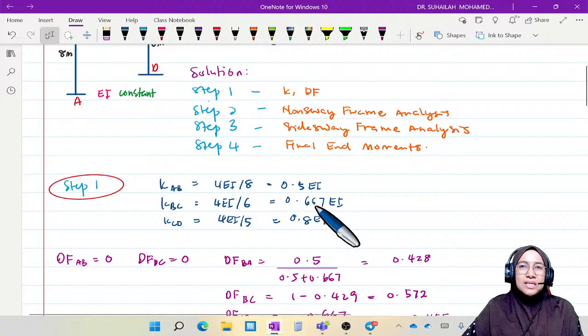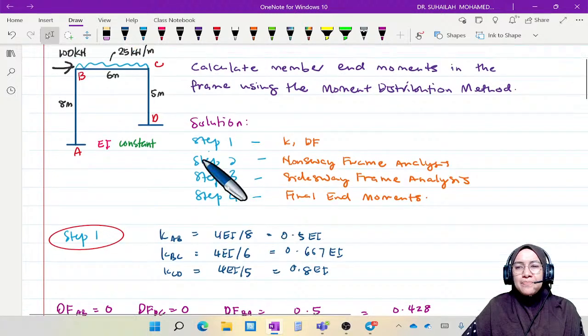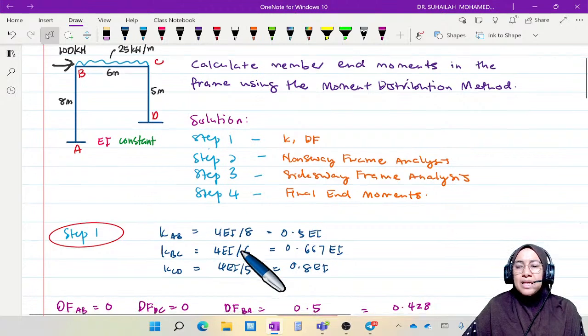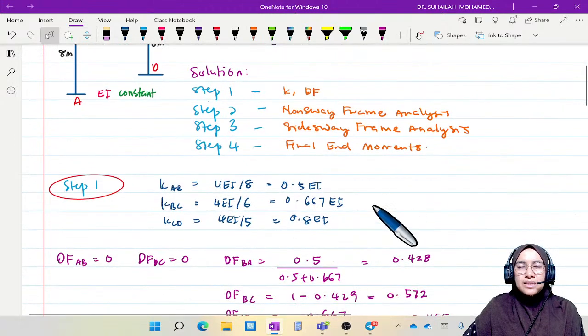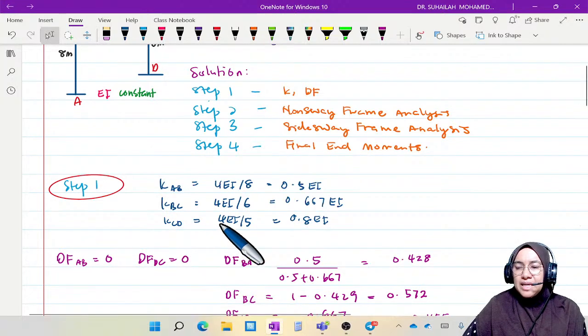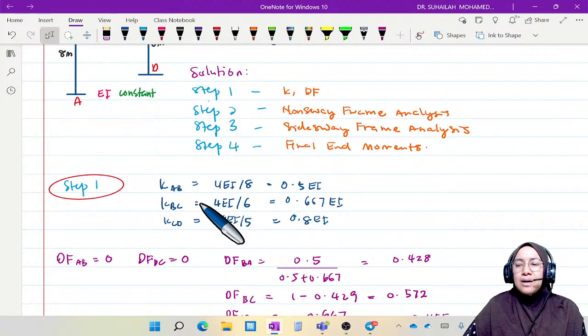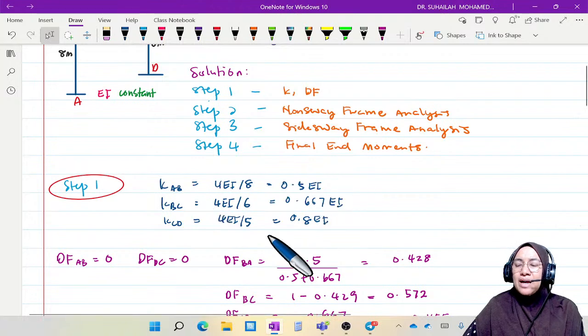So for AB, it is 4 divided by 8, because EI is set constant. 4EI over 8 is 0.5 EI. And then KBC, for beam BC, it is 4EI over 6, which is equal to 0.667 EI. And then element number 3, KCD, it is 5 meters, so it is 4 divided by 5, which is equal to 0.8 EI.